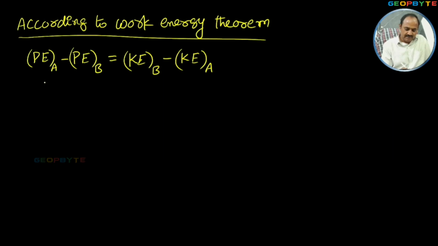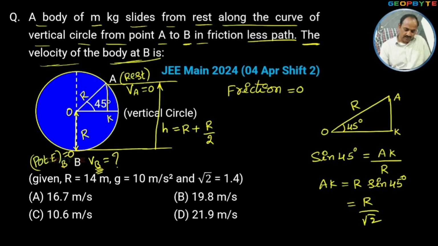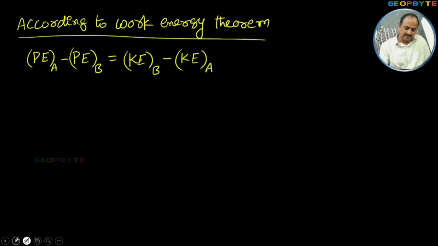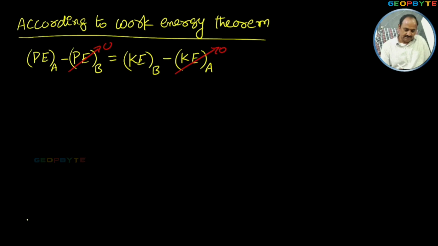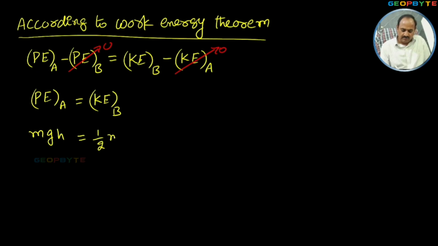Potential energy at B is 0. That point we have already decided. And kinetic energy at A is 0 because the velocity at A is 0. So therefore, I can say that the potential energy at A must be equal to the kinetic energy of the body at B. Potential energy at A, mgh, is equal to kinetic energy, half m VB square.